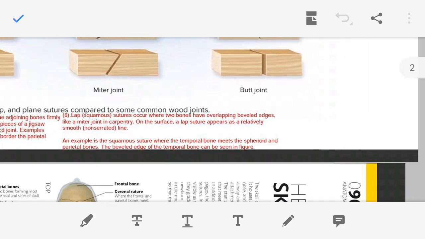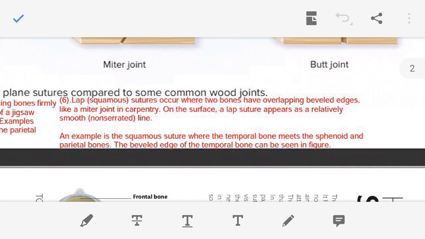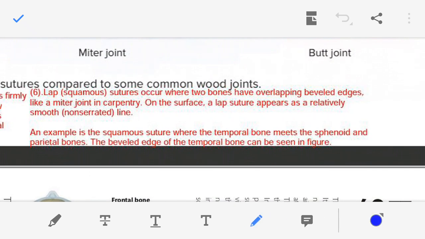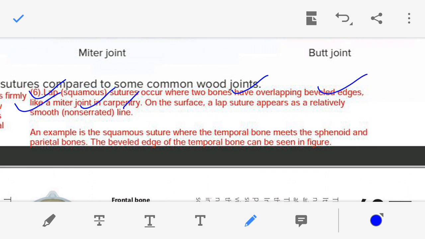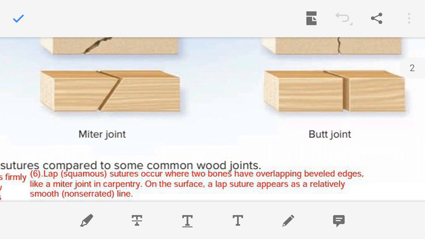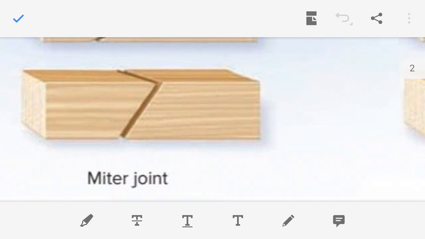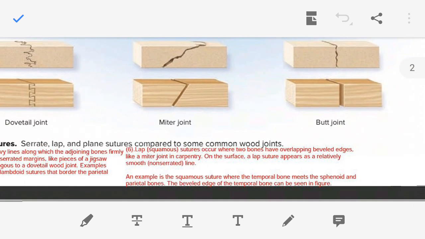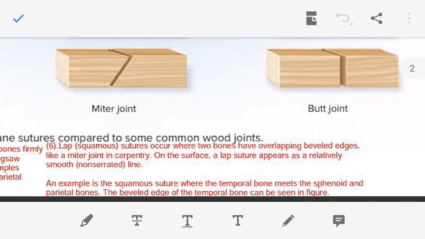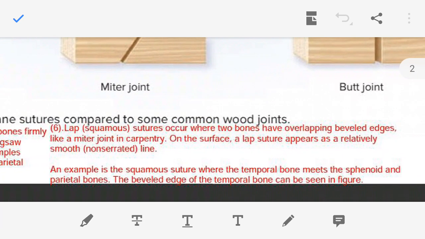So in lap suture what is happening? The lap suture occurs where two bones have overlapping bevel edges like a miter joint in carpentry. For example, this edge, when we fit, will overlap the other edge. One edge is overlapping the other edge.